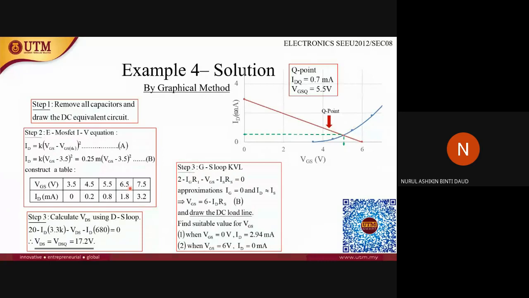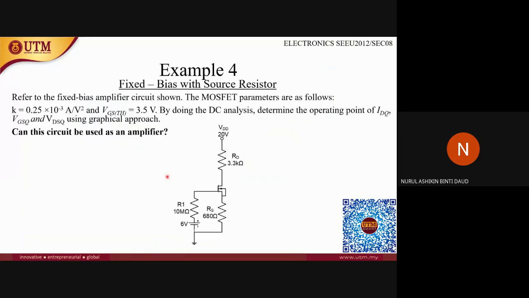So, settled with the transfer curves, we need to proceed with the DC load line. For you to draw the DC load line, we need to look at this GS loop. For voltage divider bias, always in order to draw the DC load line, we need to look at this loop.